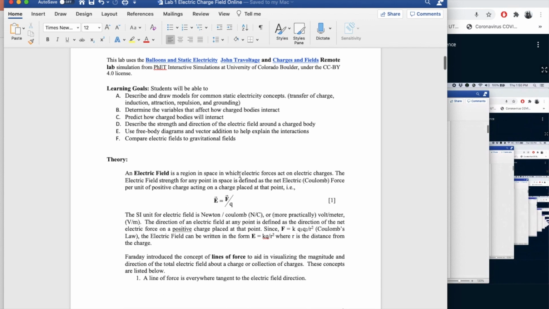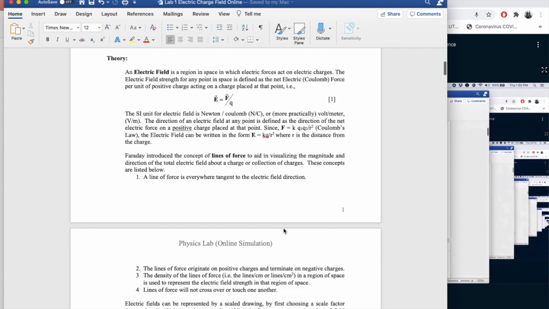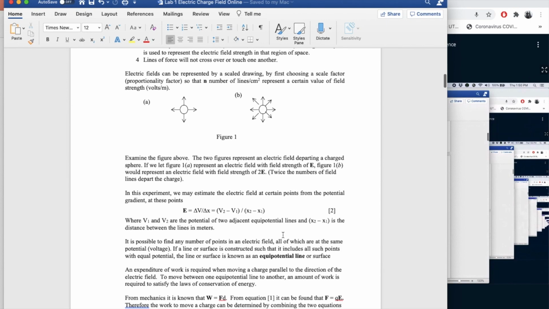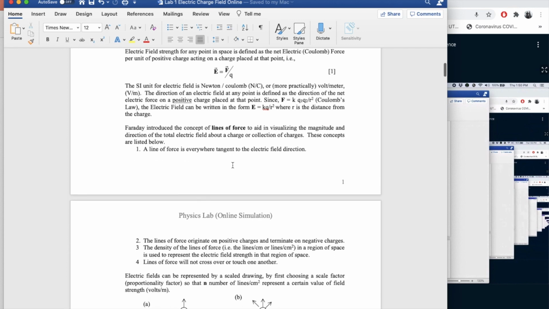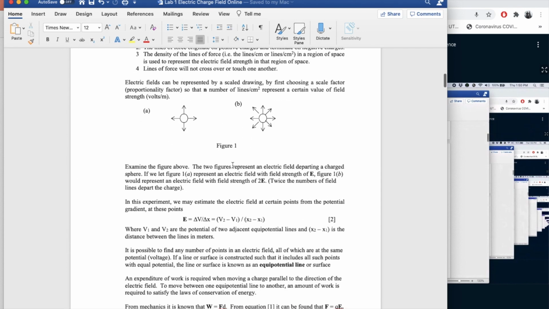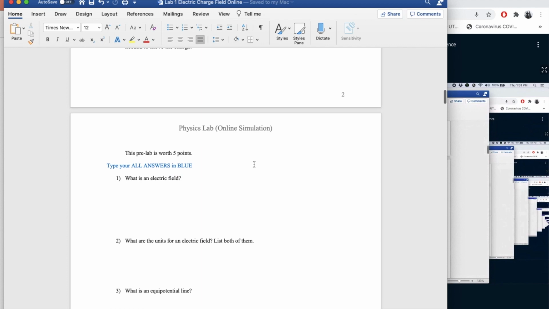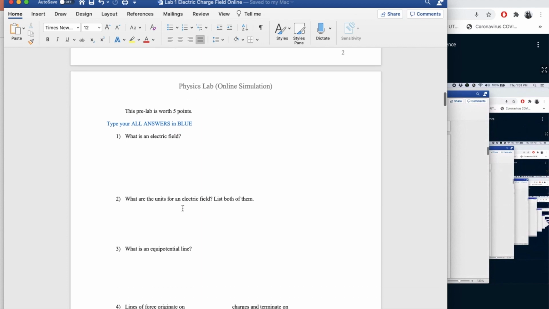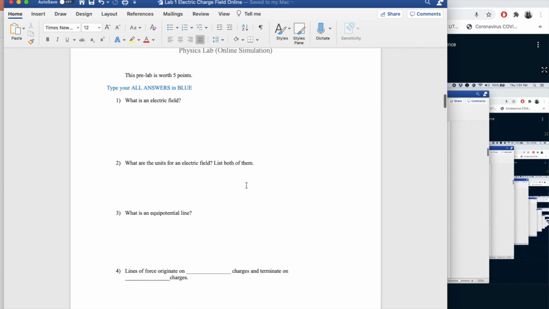Before starting the lab, please read through the theory section provided in the lab manual. Again, if anything feels incomplete or you need more clarification, you can always refer back to the book chapters. Once you complete the theory, work on your pre-lab. We expect you to complete the pre-lab before you join the lab sessions.